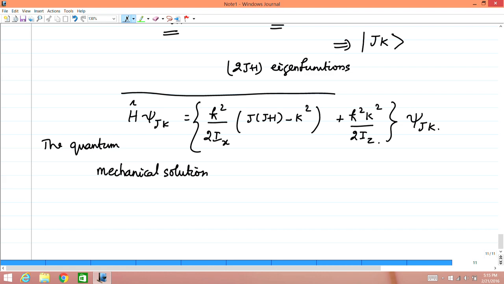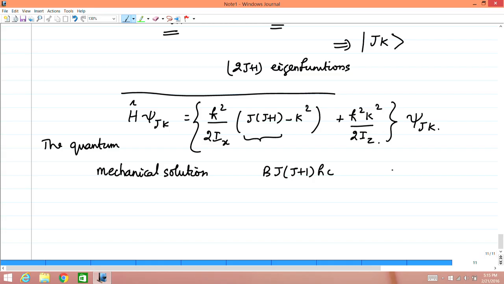So, the notation that spectroscopists use, to keep in mind, remember B J into J plus 1 times hc as the energy of a diatomic molecule. Now the energy for a polyatomic molecule, which is a symmetric top, has that and some additional terms.